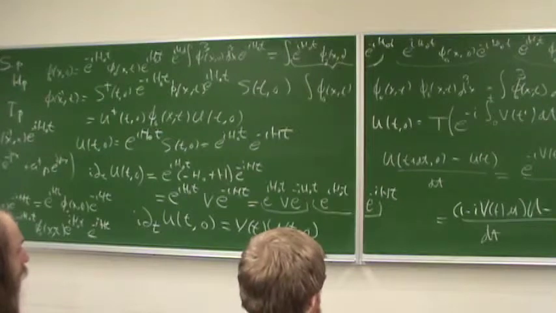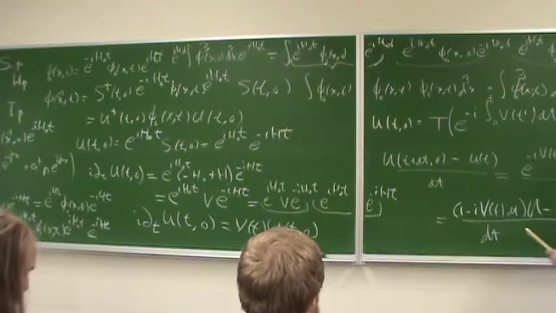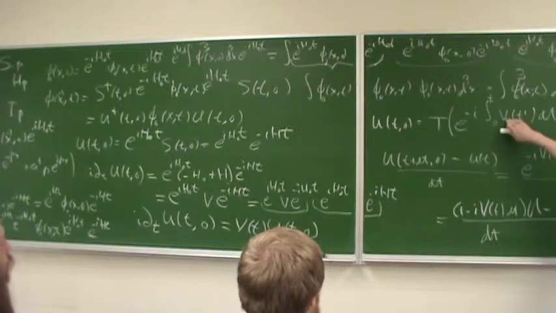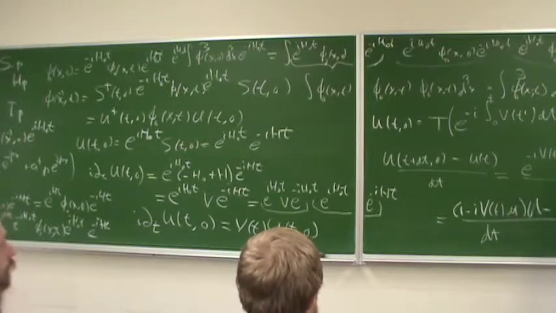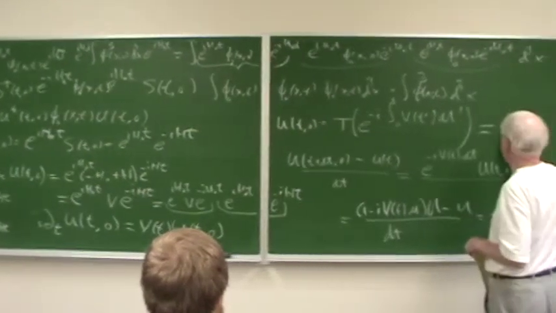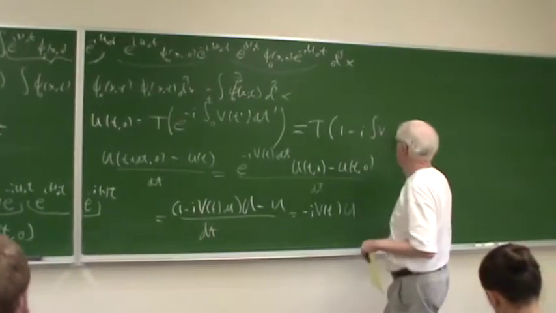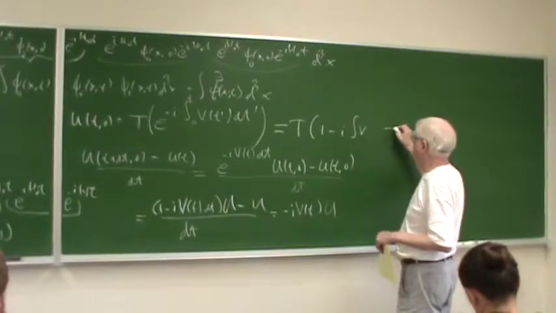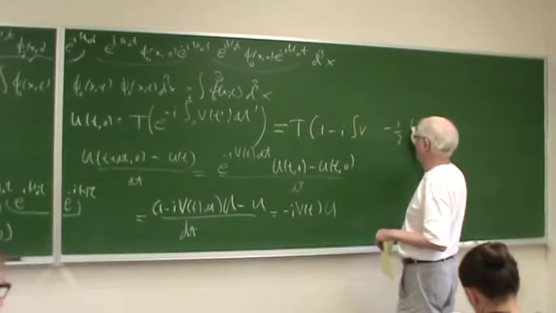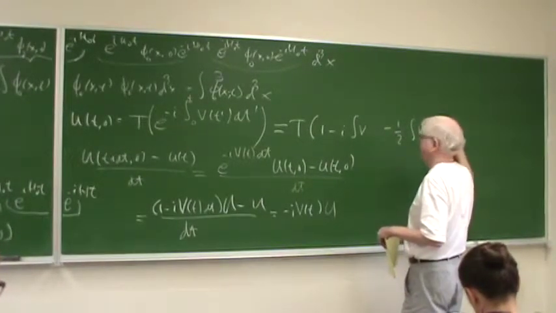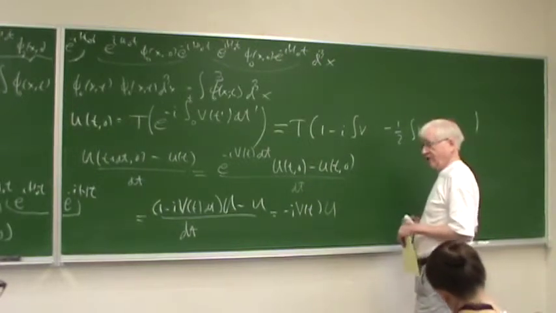Okay, now what does this exponential look like? Well, if we expand it, and this is perturbation theory, imagine V is small. Well, this is the time-ordered product of 1 minus i integral V minus a half integral V, and so on, all time ordered.